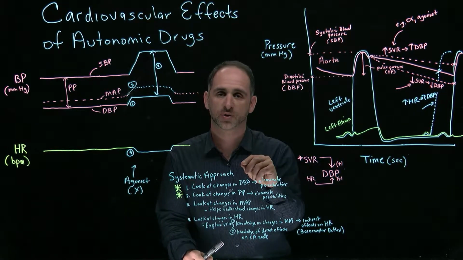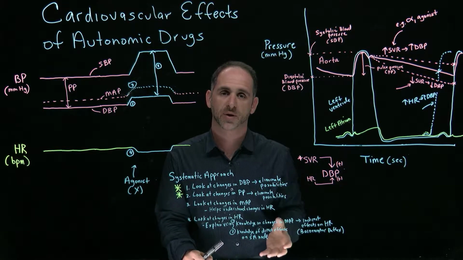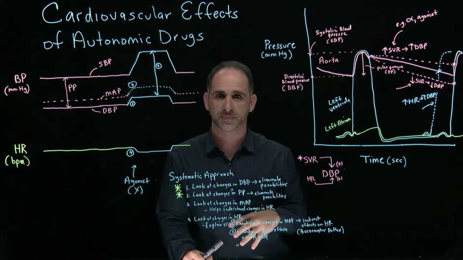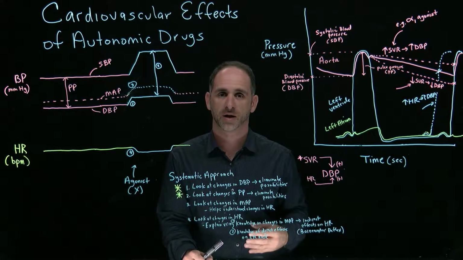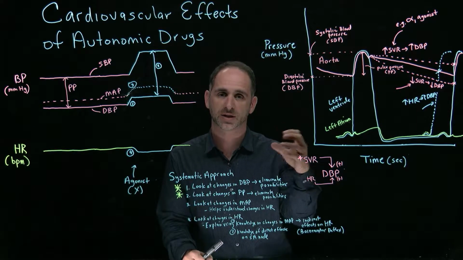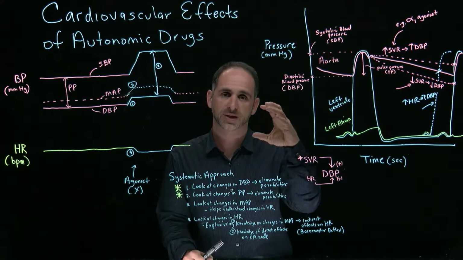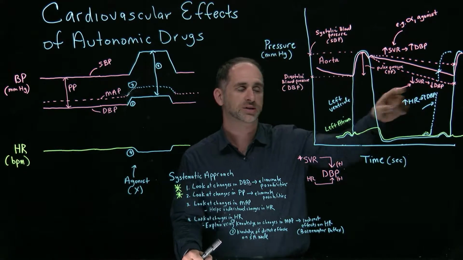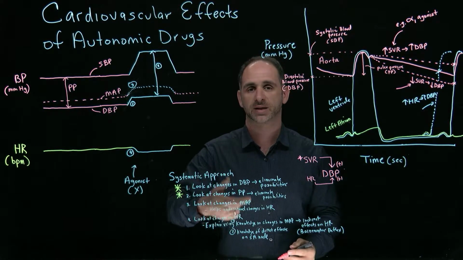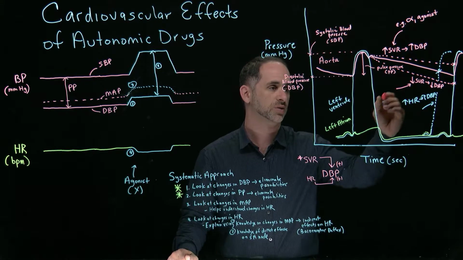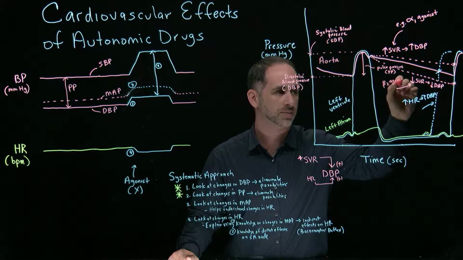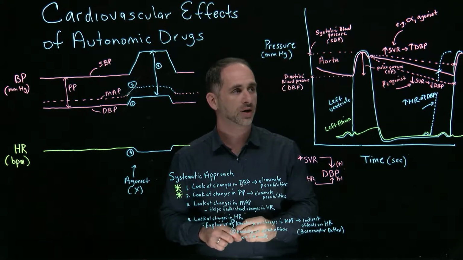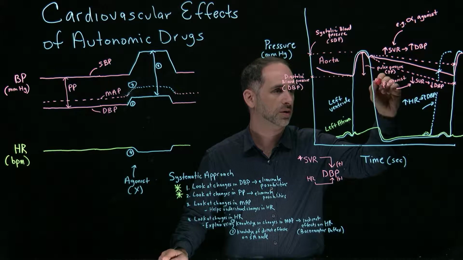The beta-2 receptors are coupled to Gs. They cause an increase in cyclic AMP, and then that causes relaxation of the smooth muscle. And again, if it's in the arterioles, that vasodilation is going to cause a decrease in SVR, and we would expect a decrease in the diastolic blood pressure. So this would be something that's stimulating the beta-2 receptor.